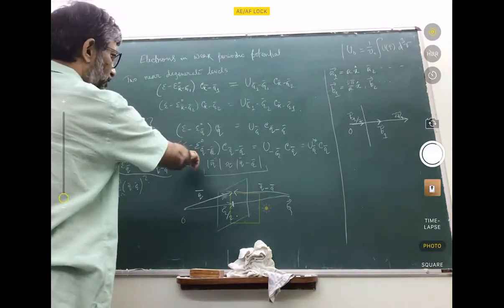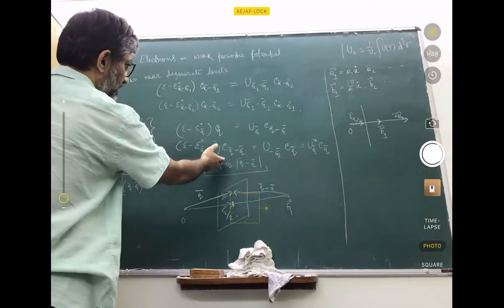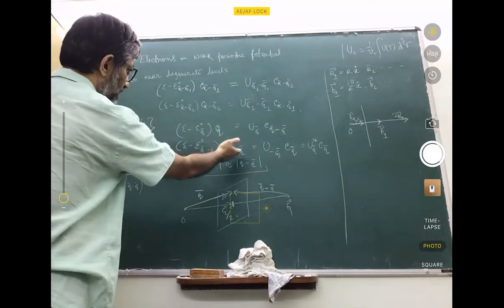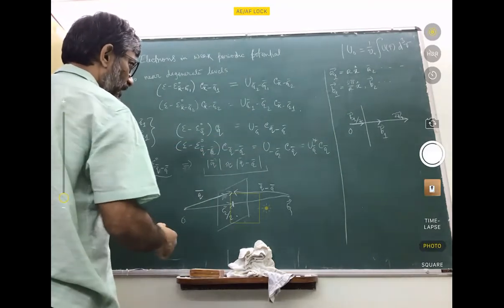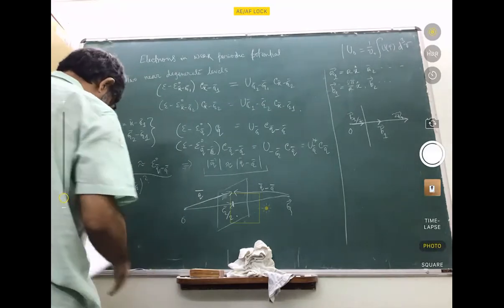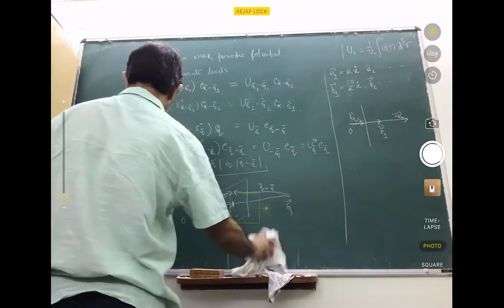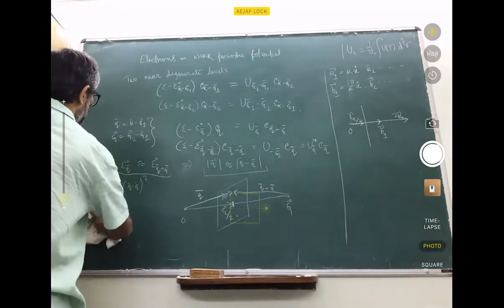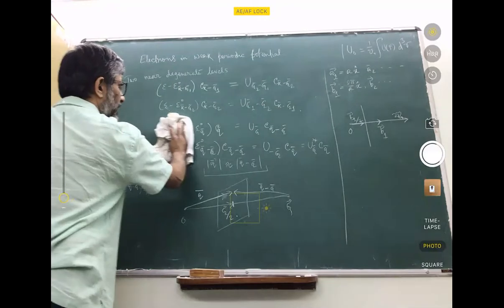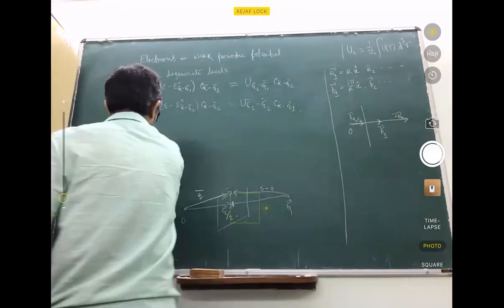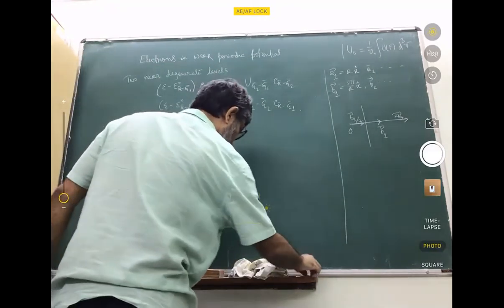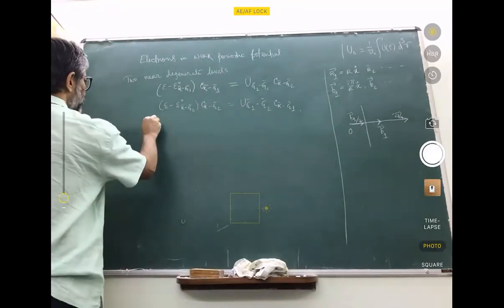If I write these as equations for C_Q and C_{Q-G} with the corresponding coefficients, these will have solutions when the determinant of the coefficients is 0, which will give me a condition.